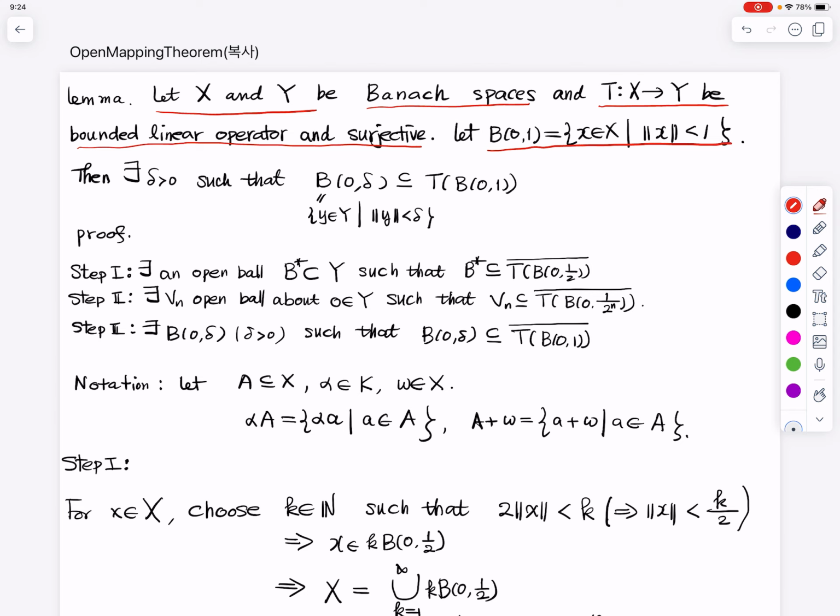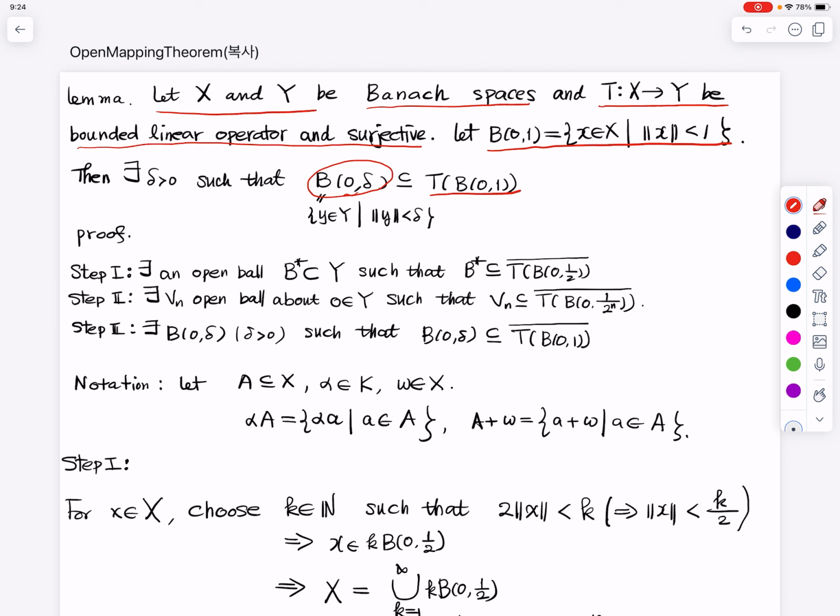The image of this ball contains an open ball around 0. This is the most important part in order to prove the open mapping theorem.